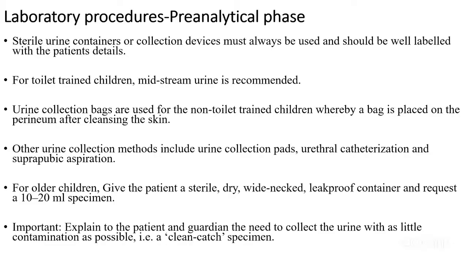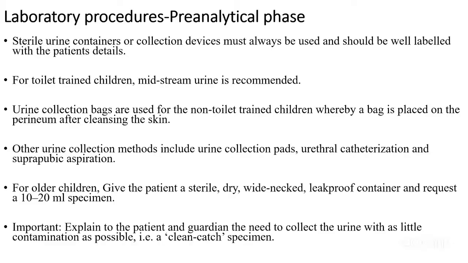So for the urinary tract infection diagnosis, we should use sterile urine containers or sterile collection devices. If you are using a urine bag, make sure it is sterile. If you are doing suprapubic aspiration, which is done by those who are authorized to do invasive procedures, it should be using sterile devices, because we do not want to introduce a bacteria into the urine that was not in the patient, because we'll give false reports.